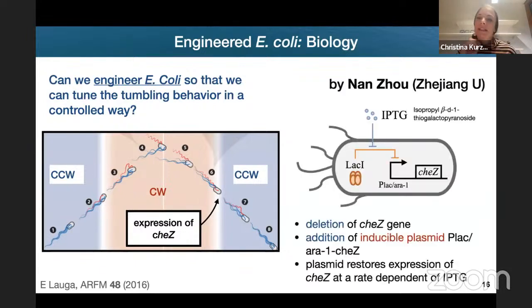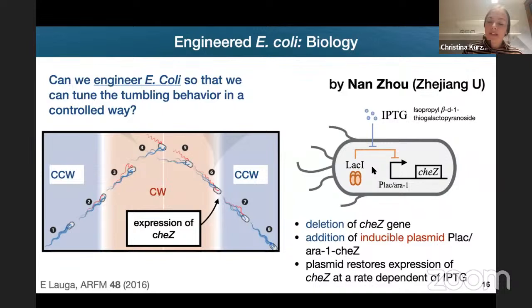And what has been done by Nansu in China, so he was able to engineer such a cell. What he exactly did was that he deleted the cheZ gene of the cell, but added an inducible plasmid.